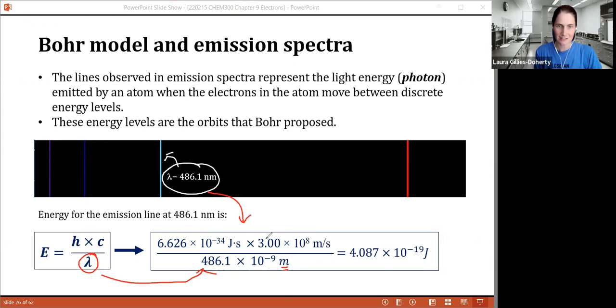Using Planck's constant and the speed of light, we get that the energy of that electron relaxation was 4.087 times 10 to the negative 19th joules. And every time you do hydrogen's emission spectrum, you get these same 4 discrete energy jumps or bands of light.